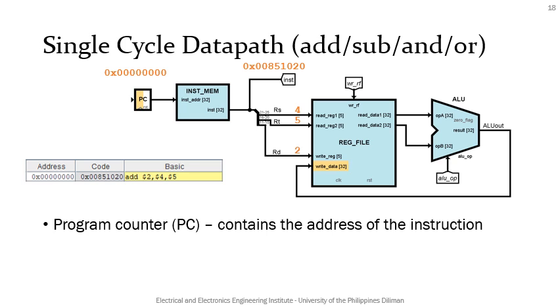From the instruction code, RS, RT, and RD signals, being 4, 5, and 2 respectively, can be extracted by simply connecting the appropriate bits to the reg file inputs. After some delay, the reg file should be able to output the contents of registers 4 and 5. Note that we'll use square brackets to denote contents of.